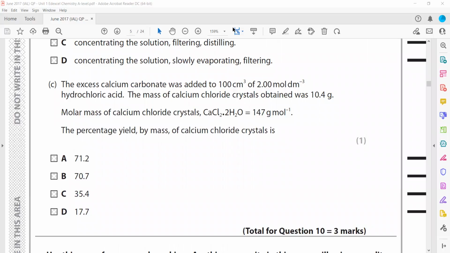Then the excess of calcium carbonate was added to 10 cm cube of 2 mole per dm cube hydrochloric acid. The mass of calcium chloride is 10.4 g, find the percentage yield. So using the volume and concentration, first we will find the moles. The excess of calcium carbonate was added to hydrochloric acid, so hydrochloric acid is the limiting reagent. Concentration times volume will give us the moles of hydrochloric acid. Using the moles of hydrochloric acid, we'll find the moles of the salt.